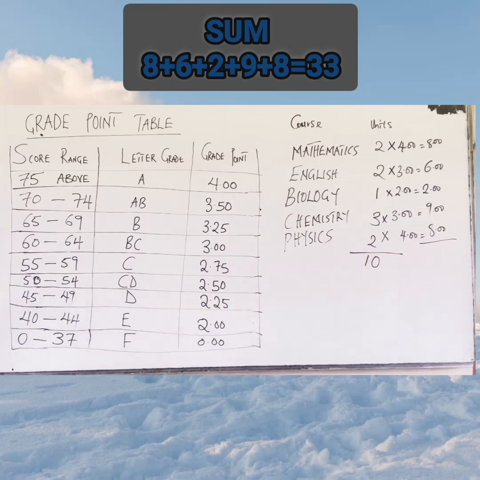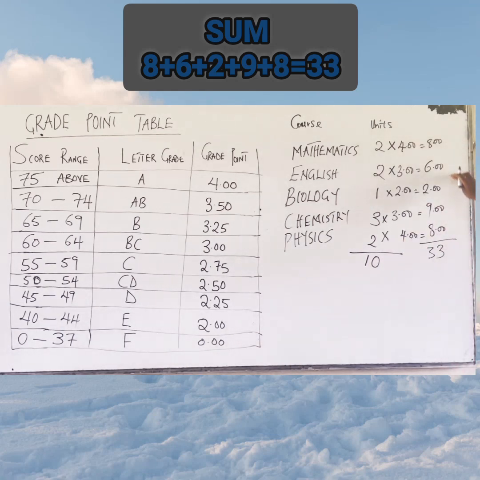So the next thing after this multiplication is to sum up this. 8 plus 6 plus 2 plus 9 plus 8 will give us 33.